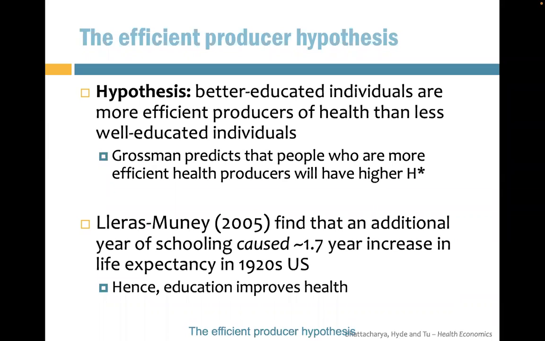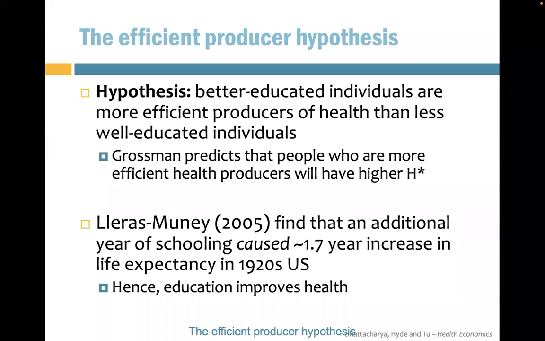Okay, and the Grossman model supports this. The Grossman model predicts that people who are more efficient health producers will have a higher H star. So one study found that an additional year of schooling caused a 1.7 year increase in life expectancy in the 1920s. So hence, education improves health.